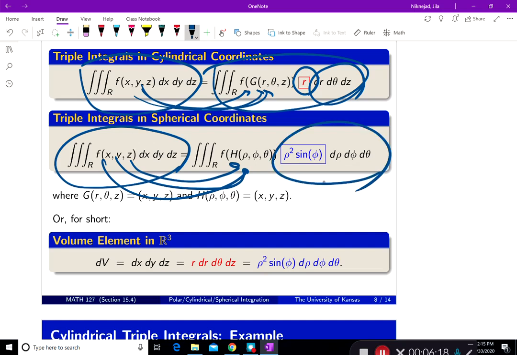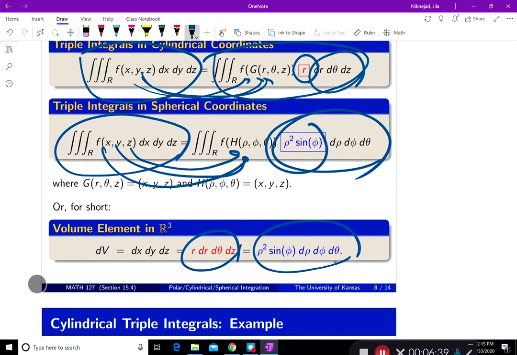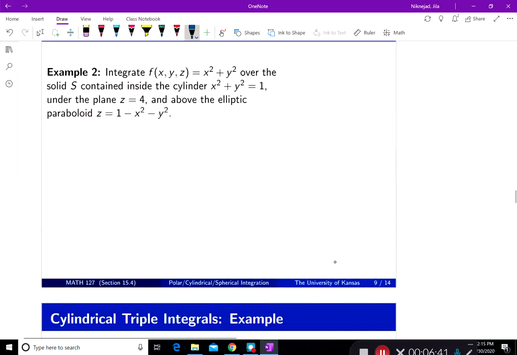Don't forget the Jacobian and memorize that part. In short, you replace dx dy dz by r dr d theta dz, or rho squared sine phi d rho d phi d theta for the two coordinate systems that we have.